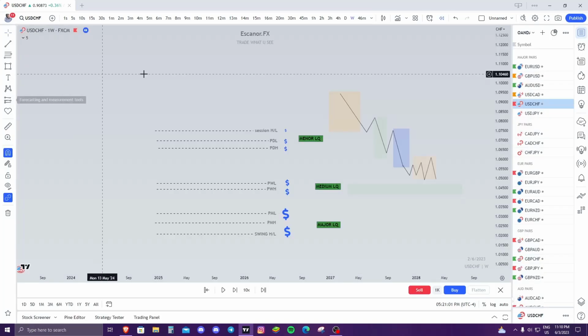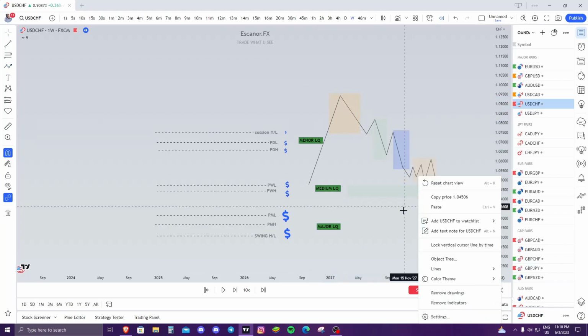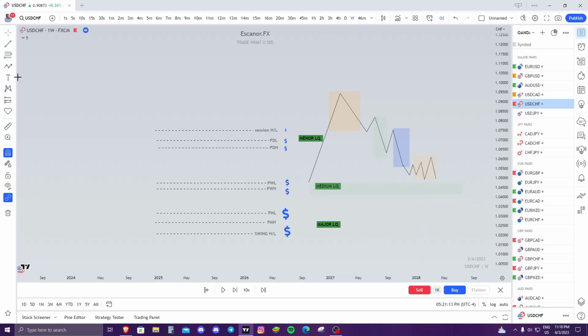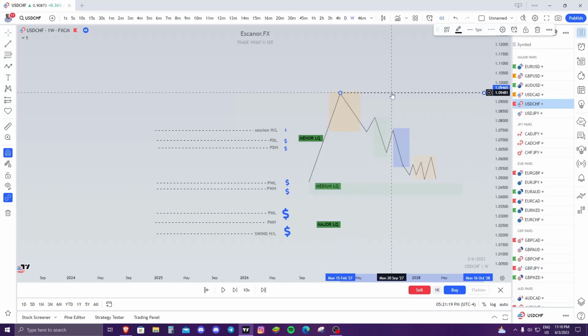If we are in a bullish market, all this leg here is a retracement. Let's say this is a retracement leg. And we have this point of interest. This is the highest point of the day, the previous day.